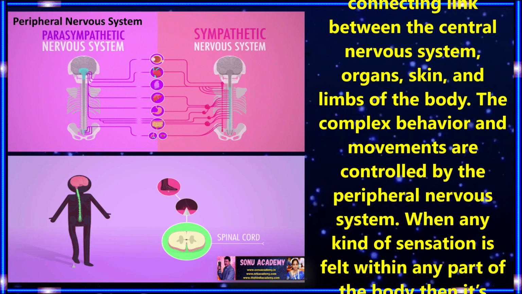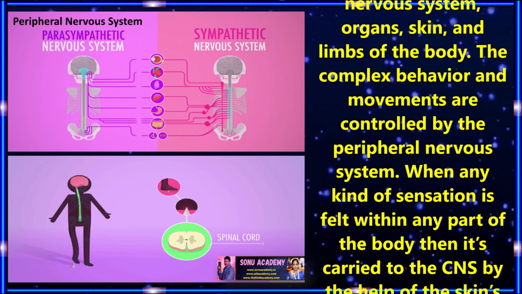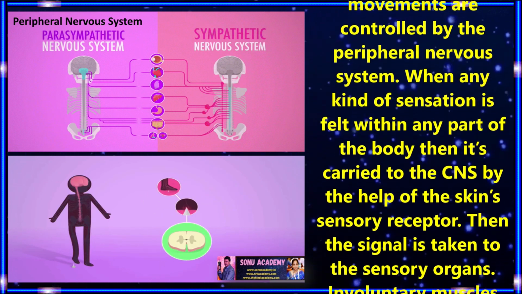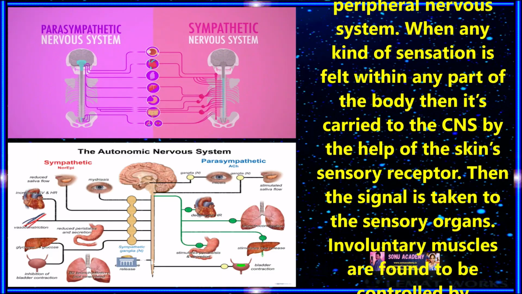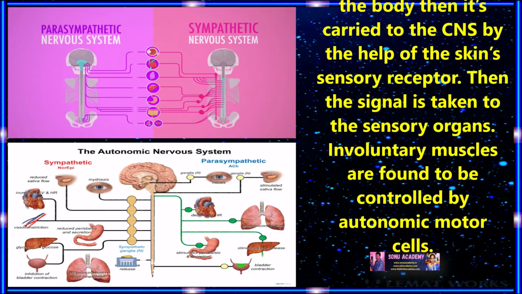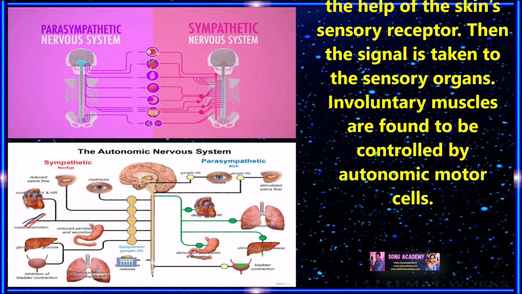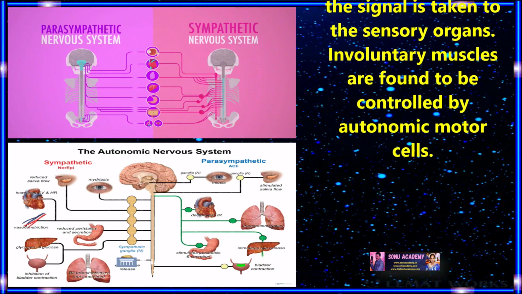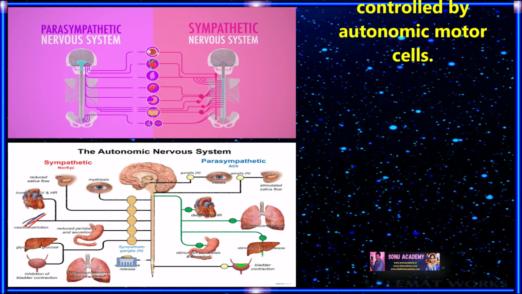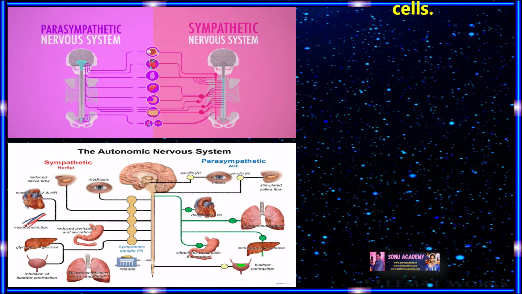Complex behavior and movements are controlled by the peripheral nerve system. When any kind of sensation is felt within any part of the body, it is carried to the central nerve system with the help of the skin's sensory receptors. Then the signals are taken to the sensory organs. Involuntary muscles are controlled by autonomic motor cells.